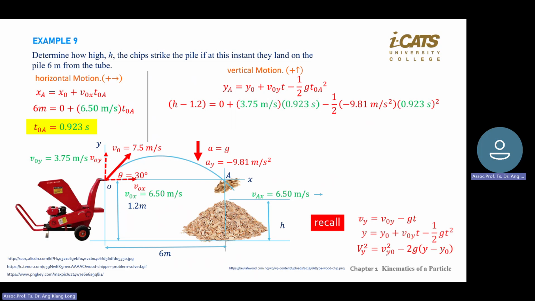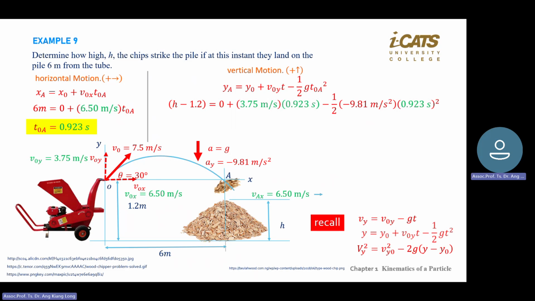Now we ignore this part first. So substitute VOY 0, VOY you calculate from here. T you know from the previous one, g you know.